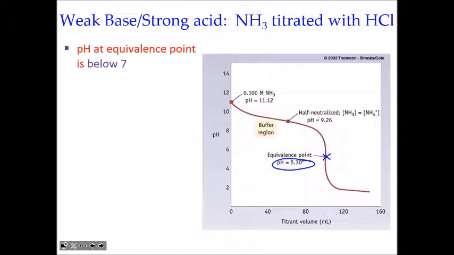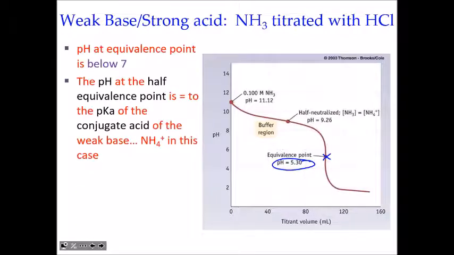But we also have a buffer region. The buffer region starts up here and goes to the equivalence point, this whole area of the buffer region on the weak base being titrated by the strong acid. The problem is, though, its titration curves are measured by volume and pH numbers.